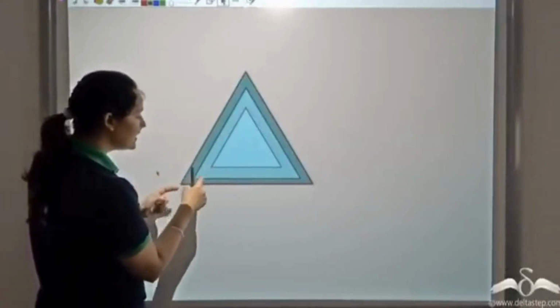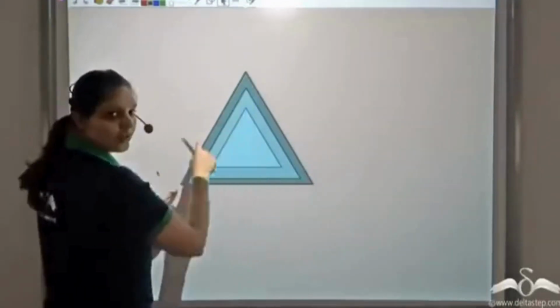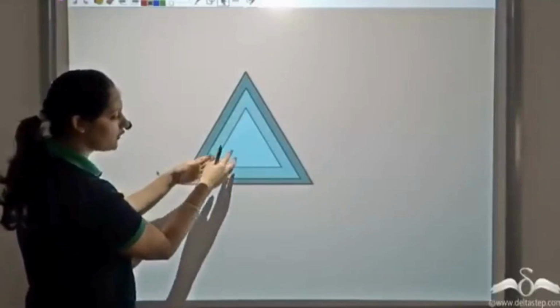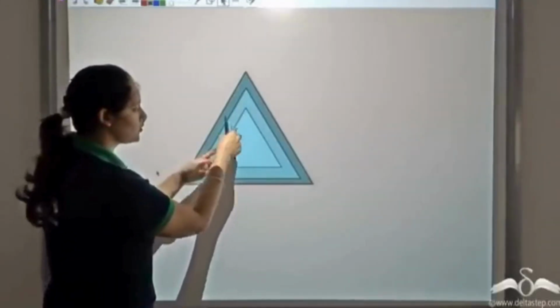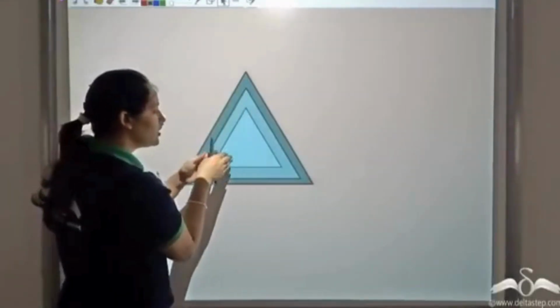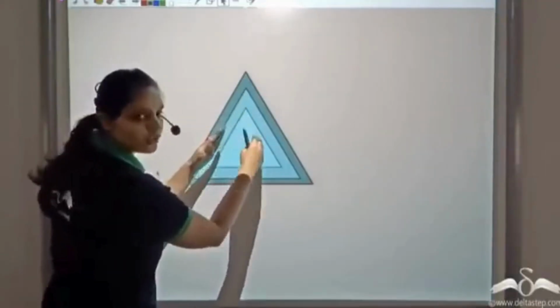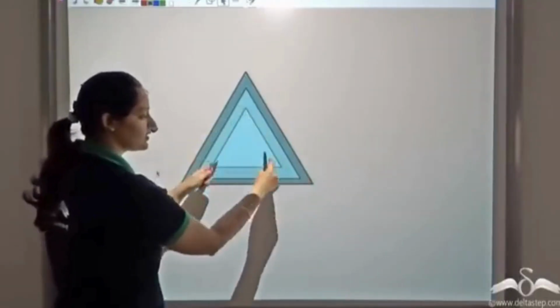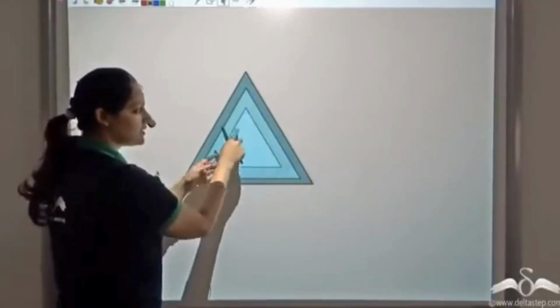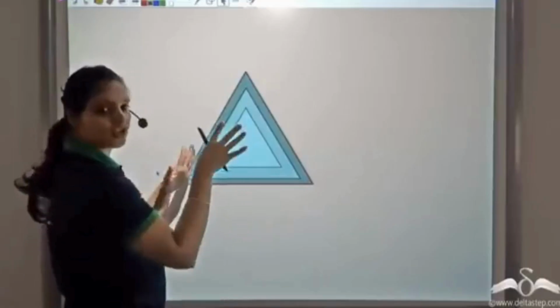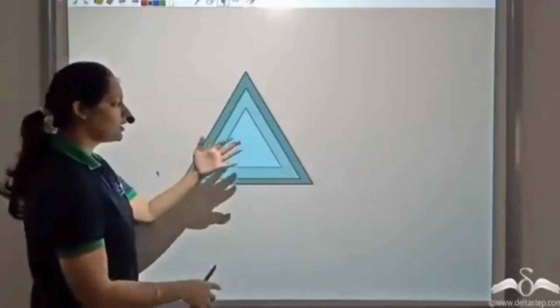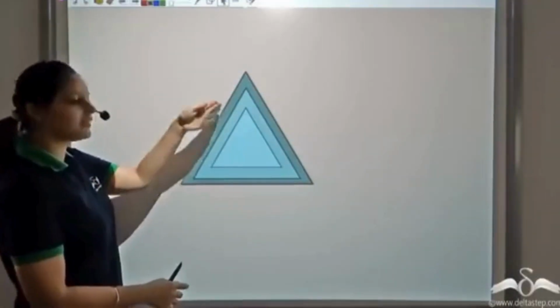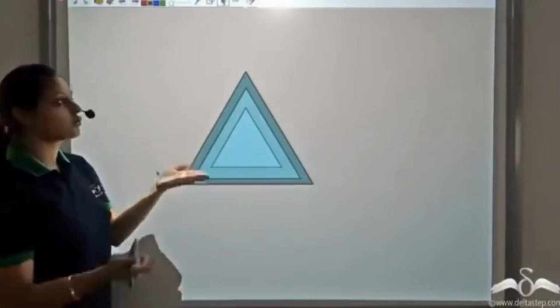Also you can see that the outermost triangle looks like a projection of the innermost triangle. So the only difference in the outermost and the innermost triangle is the difference in size. The shape is the same. The size is changing. It has increased in size. So I can say that the innermost triangle and the outermost triangle are also similar.